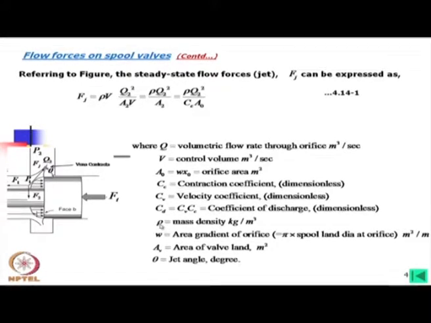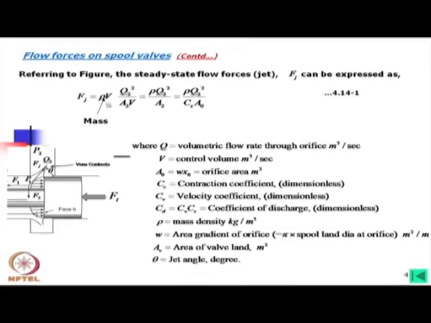Then rho is the mass density, in kg per meter cube, and W is the area gradient, which I have already explained. If it is not a full circle, then instead of pi we will use the actual angle of opening, divided by 2 into the diameter, or angle of opening into the radius of the spool land. A B is the area of the valve land, in meter square, and theta is the jet angle, in degrees.